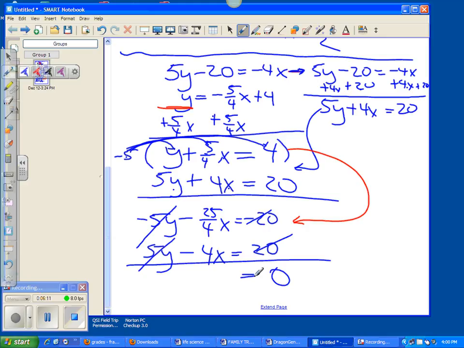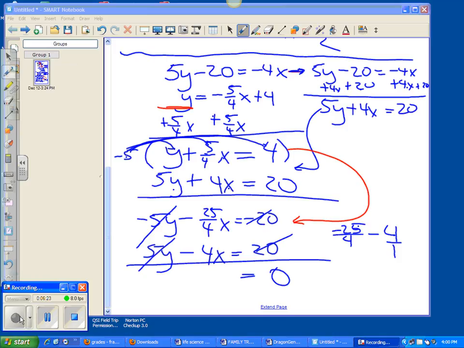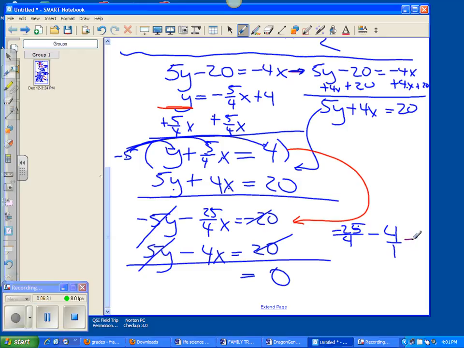And now we need to combine these two, this 4x and the negative 25 over 4x. I've never really been good at fractions, but I do know that if I'm combining these like terms, this negative form is addition. Korean students actually showed me an interesting little trick where you multiply the two bottom ones, which gives me 4, because 4 times 1 is 4, over, and then you cross multiply this, which gives me a negative 25, and you multiply that, which gives me a negative 16.